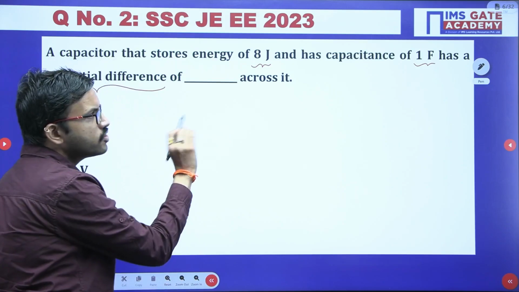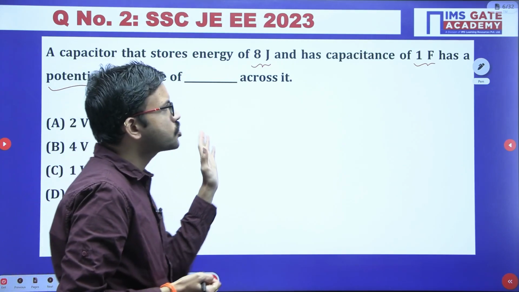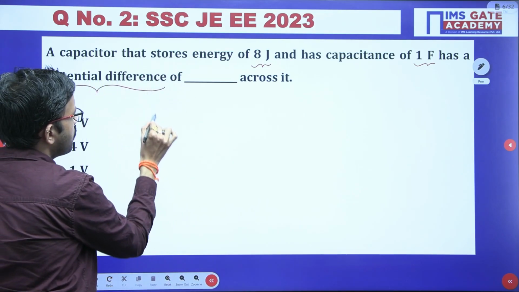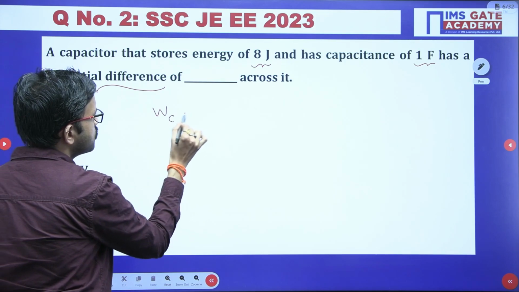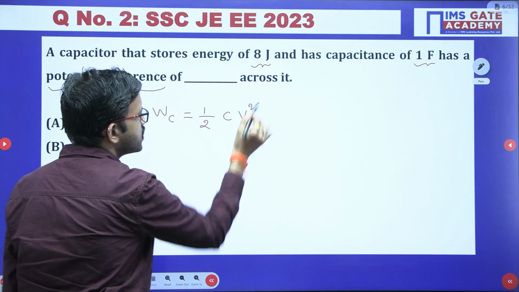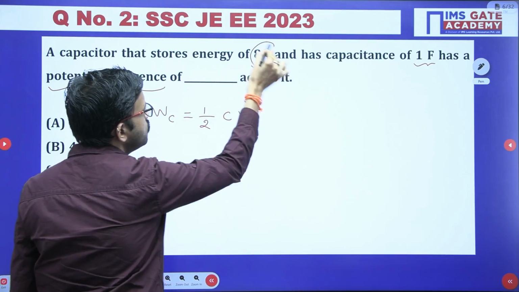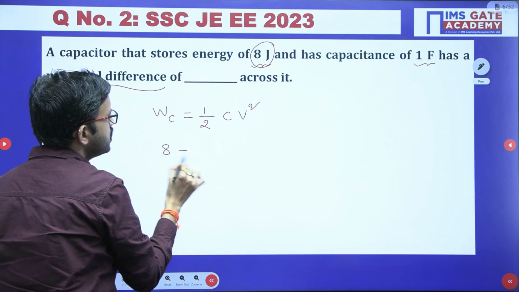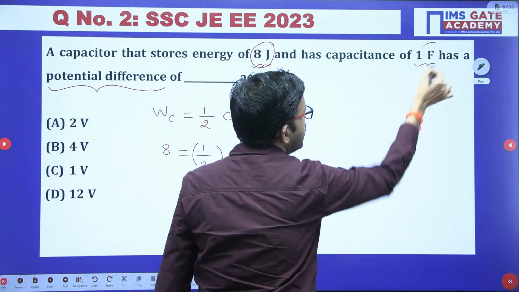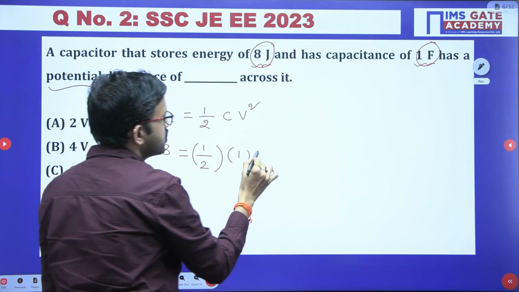So I hope all of you know the standard formula regarding energy stored by the capacitor. Just like energy stored by the inductor, a similar formula you are going to have. Energy stored in the capacitor is equal to half CV square, right. So here in this question energy given 8 joules is equal to half into capacitance value 1 farad into V square.